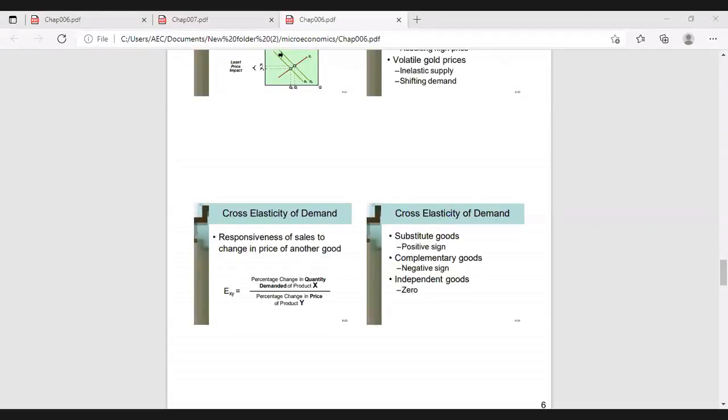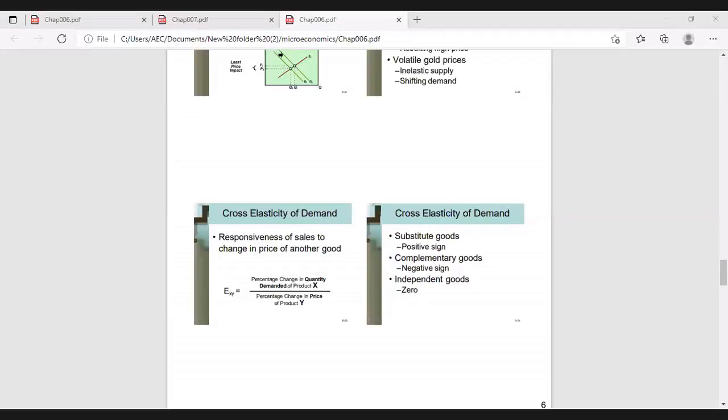If one commodity's sales increase and reduce the other commodity's sales, then the company will not gain much. So they should know the cross price elasticity. If we know the cross price elasticity, then they can decide like that.